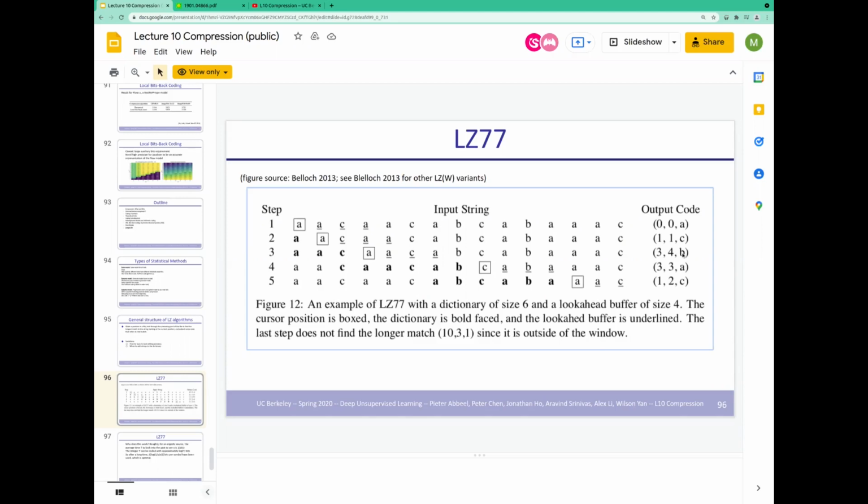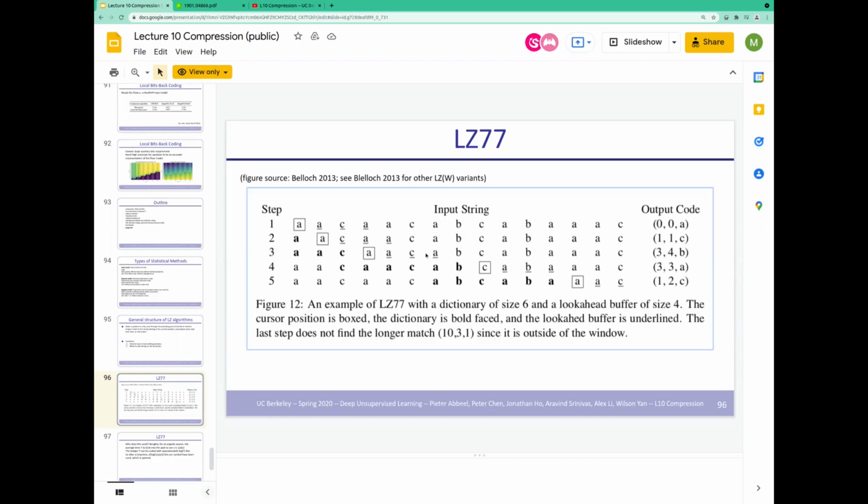Okay, so it just sees AAC before, and it will say, starting from position 3, use the one before. So we'll just copy, it will say AAC and then just copy over from this part.